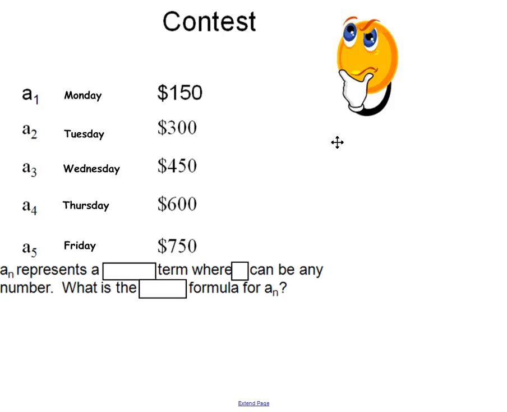A sub n, this guy right here, represents a general term. It's that one way out at the end of my sequence where n can be any number. So, what is the closed formula for our sequence right here?